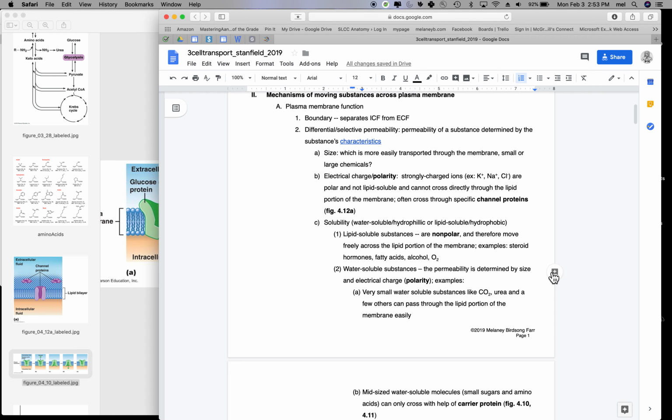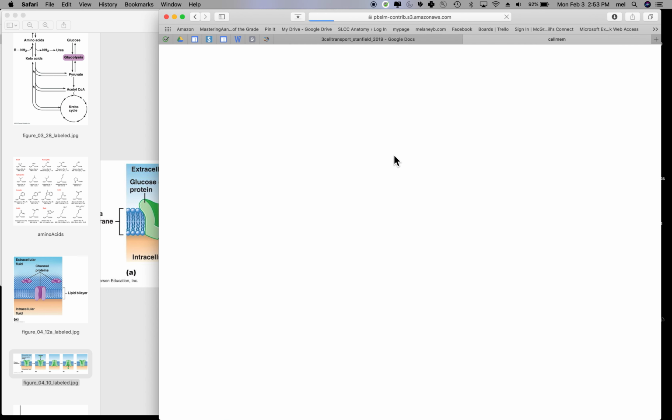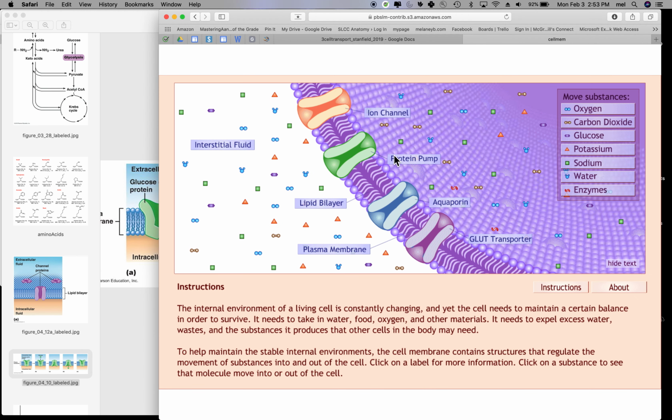It's really the relatively constant nature of the plasma membrane, which is primarily lipids but with embedded proteins, and then the chemistry of the solute that you're trying to move across. I like this little animation. It's linked for you in your notes.